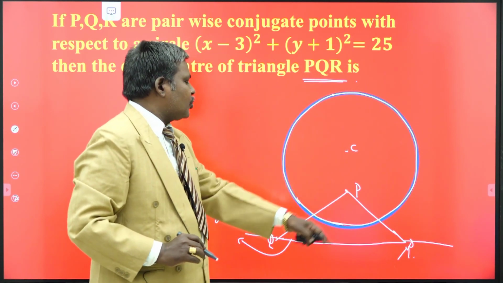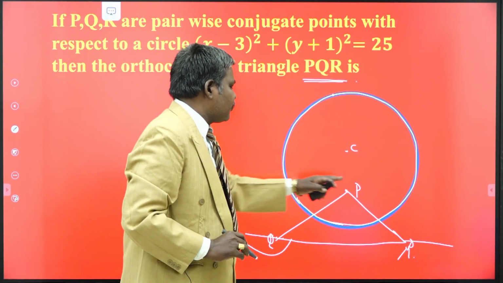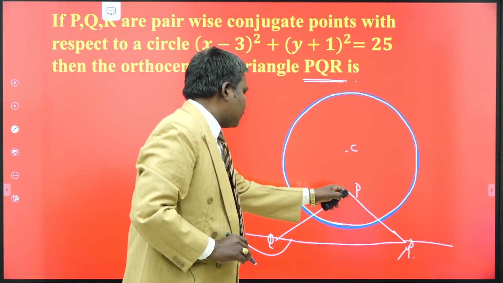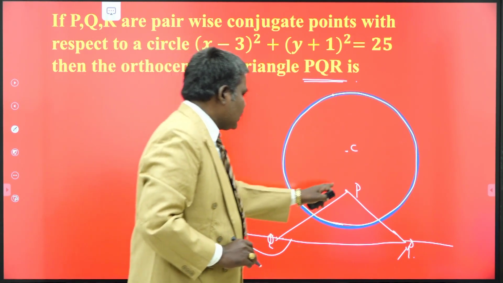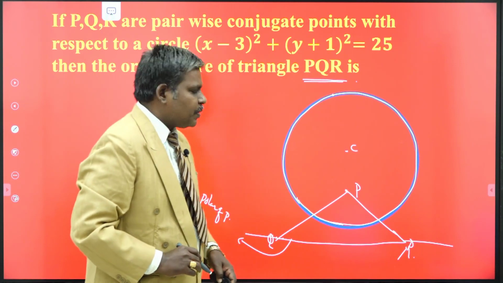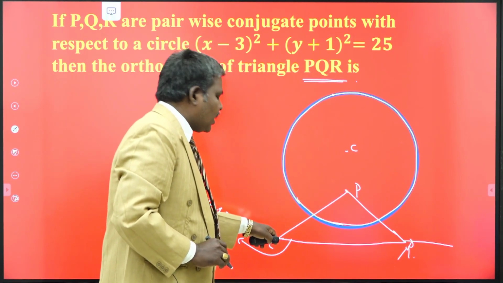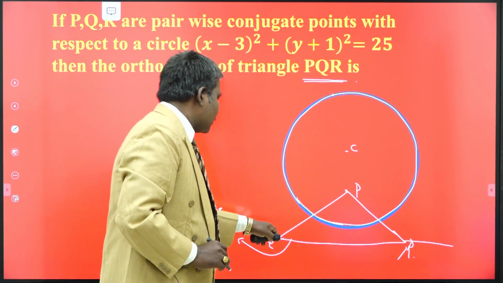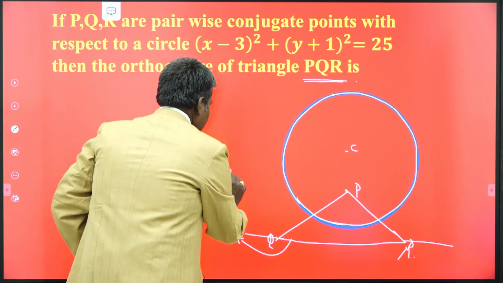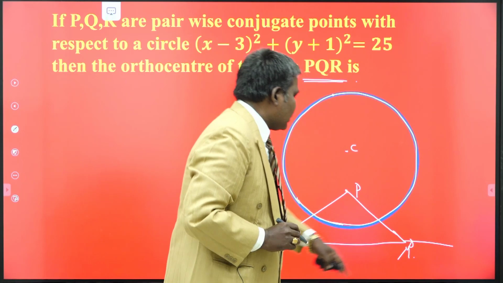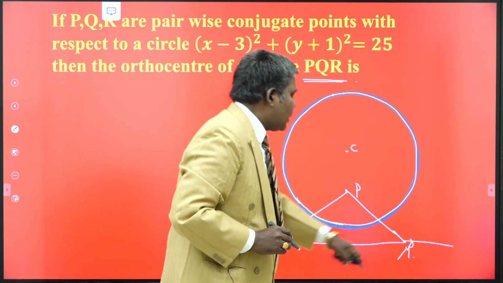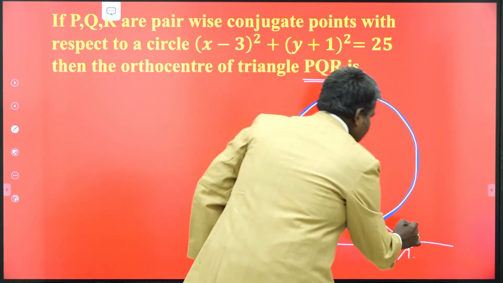Q, R are two points on the polar of P. Therefore, immediately we obtain the condition that P and Q are conjugate points. P and R are conjugate points, because the polar of P is passing through what? Q. Therefore, P, Q are conjugate. And the polar of P passing through R. Therefore, P and R are conjugate.